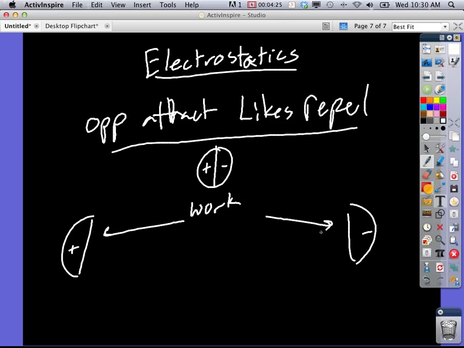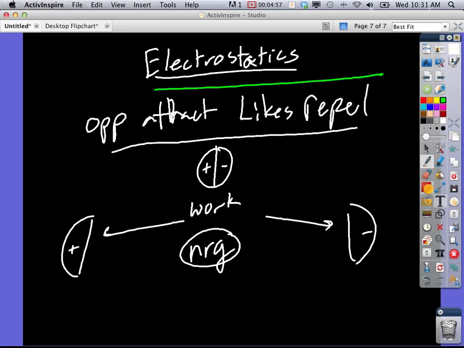So when I take this particle that's neutral and rip it apart, I've done work. If I let go of those two pieces, they're going to snap back together, because all of that work I put in is now stored as energy. What is it that maintains this energy? What allows these two to be attracted to each other?